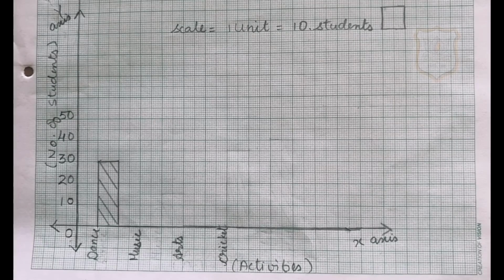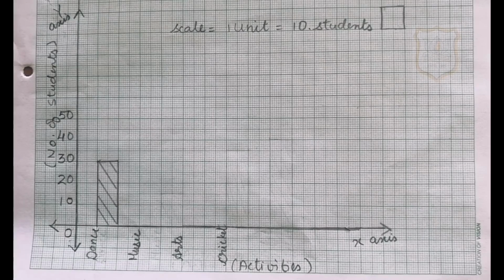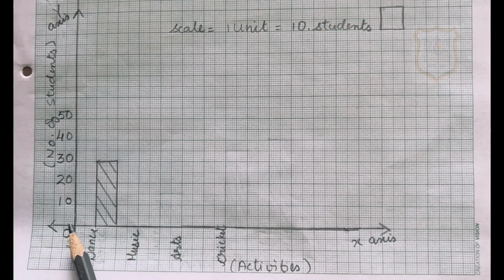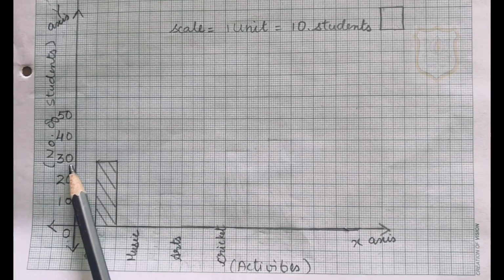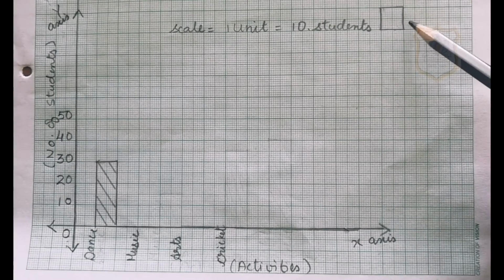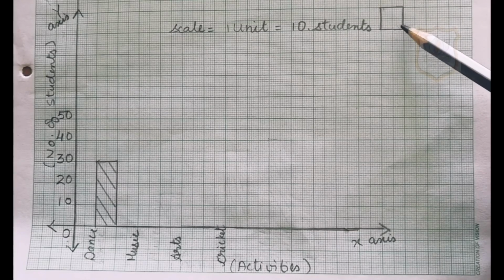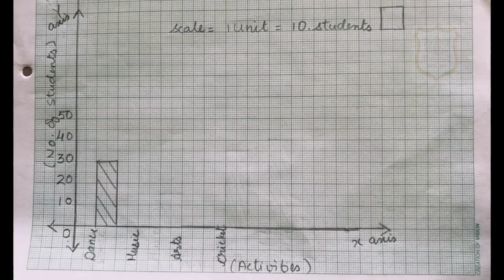Students, now the next activity in which the students are involved was music. In music 15 students are involved. Here you can see on the y-axis, the numbers represented are 10, 20, 30, 40, but we have to show 15 students. As I explained, this box represents 10 students, and this square box is divided into 10 equal parts, and each equal part will represent 1 student.